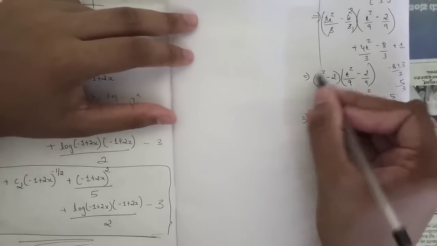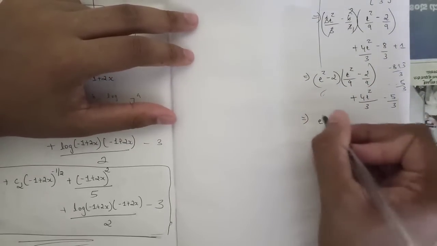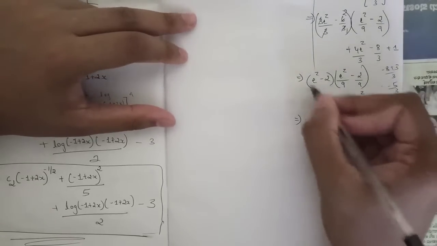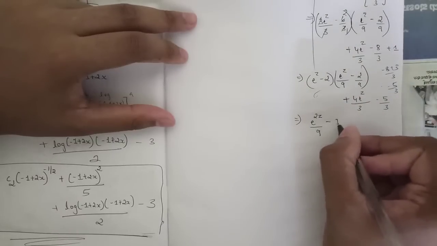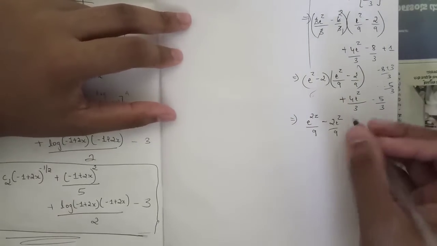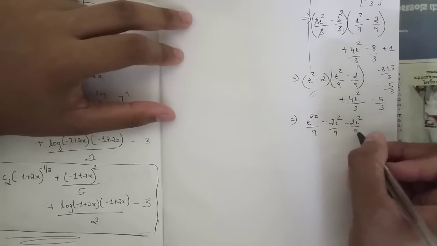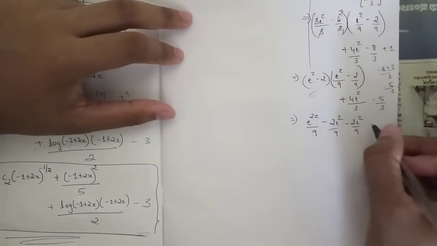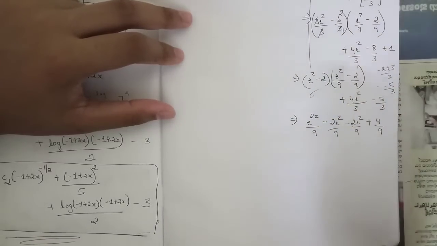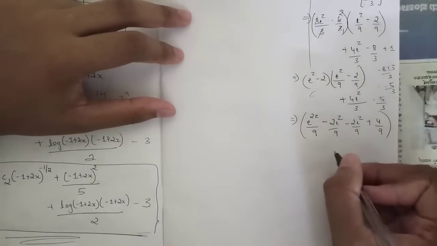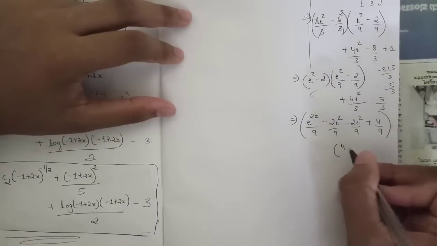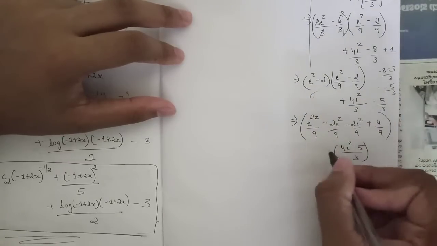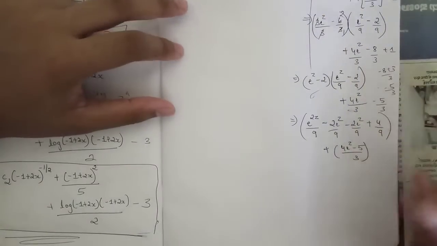We get e power z into e power z by 9, that is e power 2z by 9, e power z into minus 2 by 9 minus 2 e power z by 9 again, plus 4 by 9 into, we can write it as 4 e power z minus 5 by 3, since the denominators are the same here.